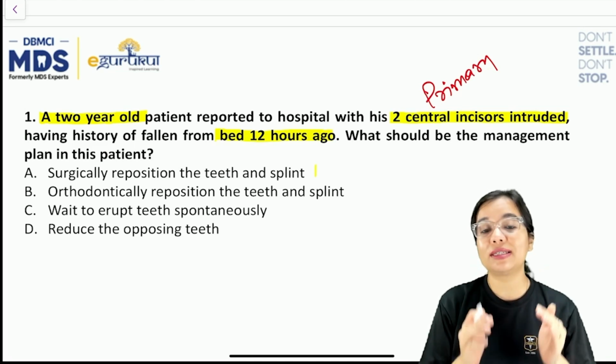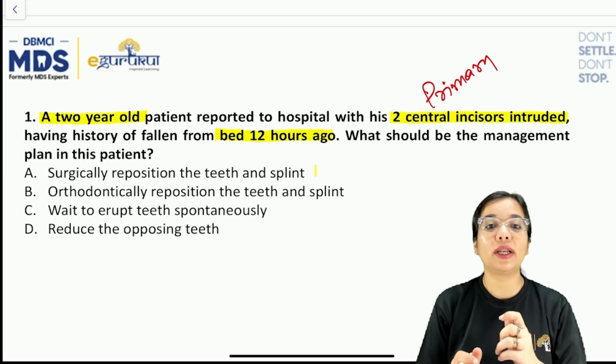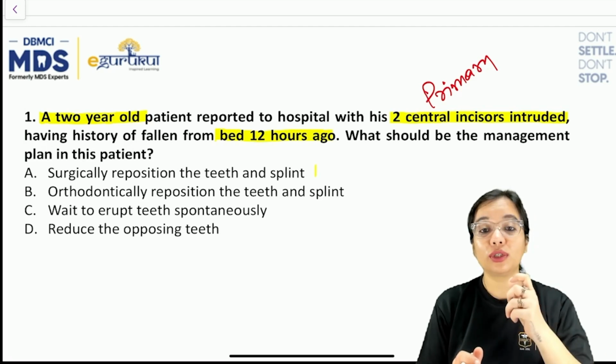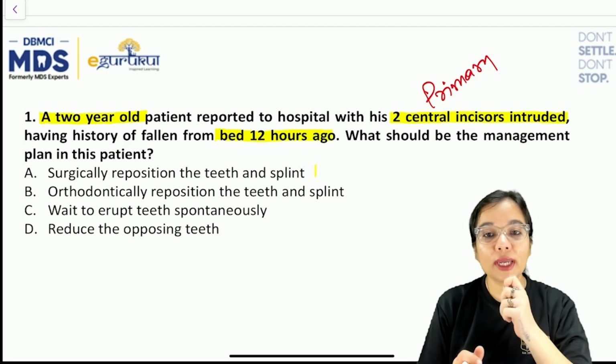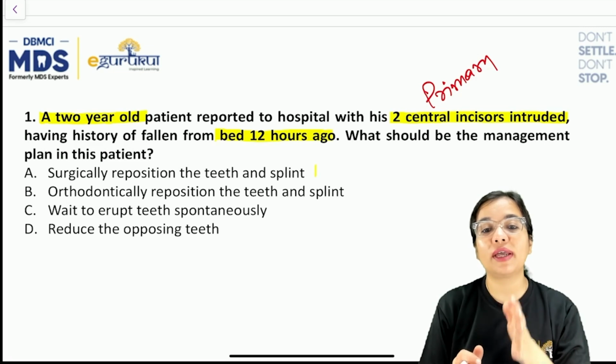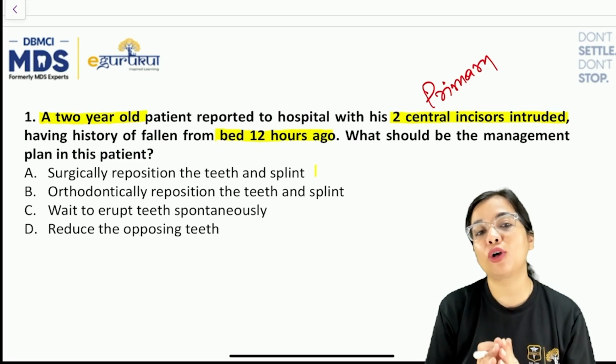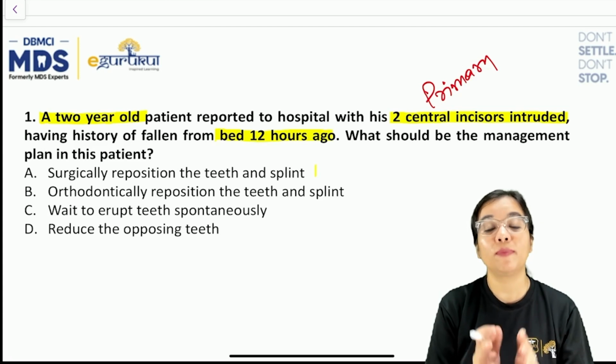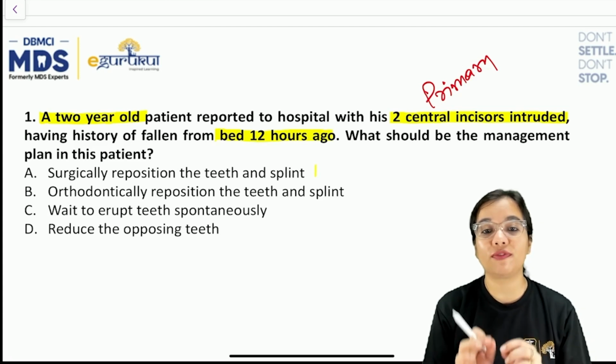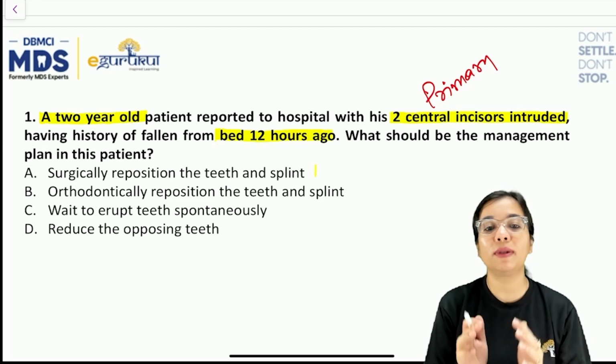That is called surgical repositioning, where you enter the socket, hold the tooth with forceps, pull it out, place it where it should normally be, and then splint it with fiber reinforced composite or a ligature wire, etc. So you immobilize the tooth there.